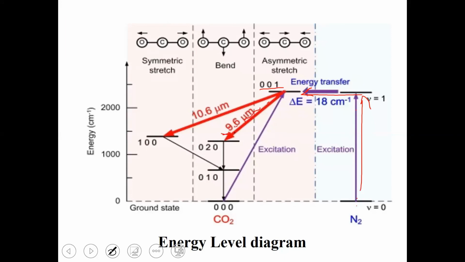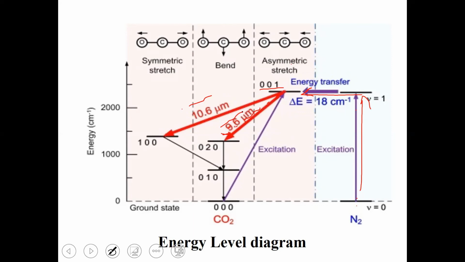This is one laser emission, from the asymmetric mode to the bending mode, or the asymmetric mode to the symmetric mode. For these transitions, the emission is at different wavelengths, which are purely in the infrared: approximately 9.6 micrometers, and the higher one, 10.6 micrometers.